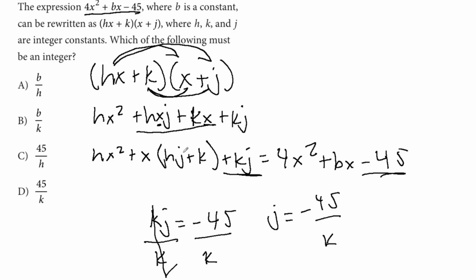Now, negative 45 over k is not one of the choices, but essentially this is an integer because it says h, k, and j are integer constants. So j equals negative 45 over k. That means negative 45 over k is an integer. So therefore, it must also be that 45 over k is also an integer. And so hence, the answer is D.